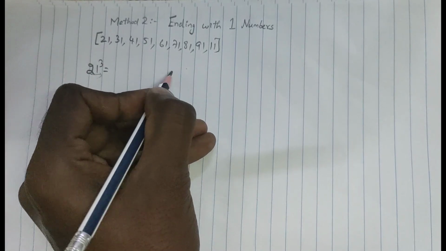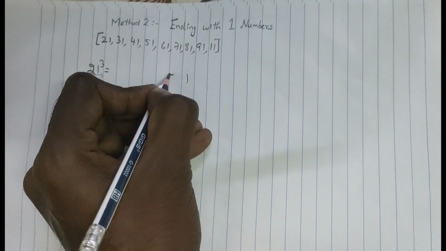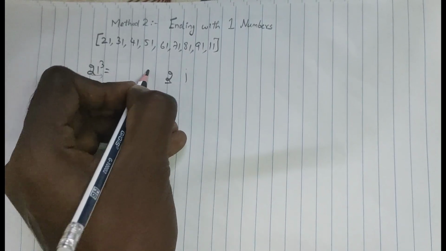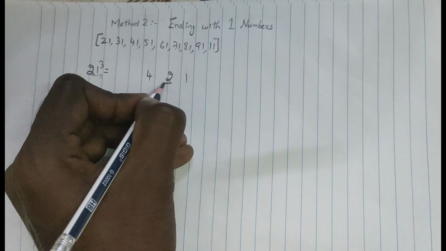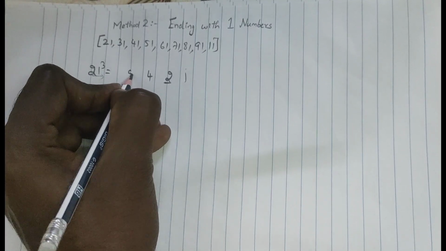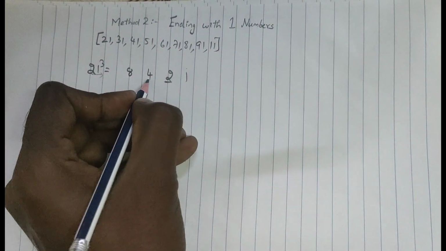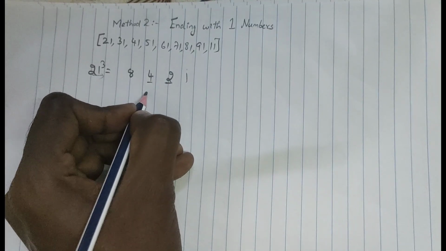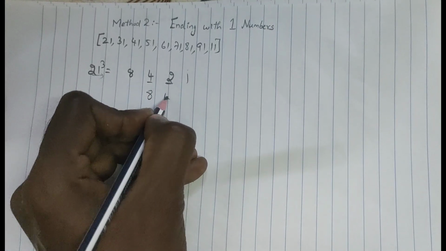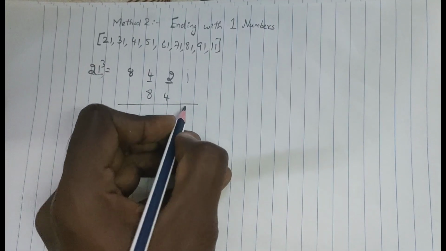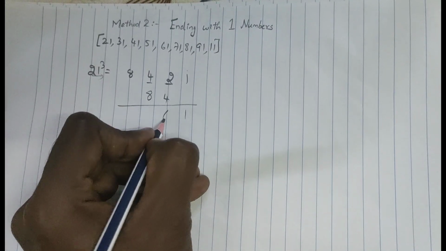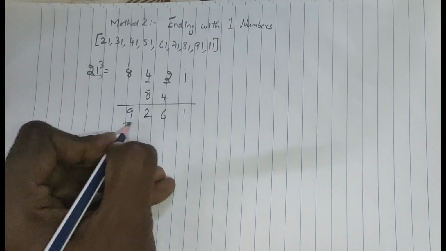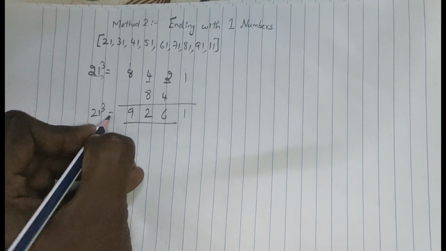I will write 1 here and 2 here, and I will do the square of this second number, which is 4, and the cube of this number, that is 8. Similarly, doubling the second and third digits: 4 times 2 is 8, 2 times 2 is 4. Now adding these numbers: 1, 2 plus 4 is 6, 4 plus 8 is 12, and 8 plus 1 is 9. So 21 cube is equal to 9261.